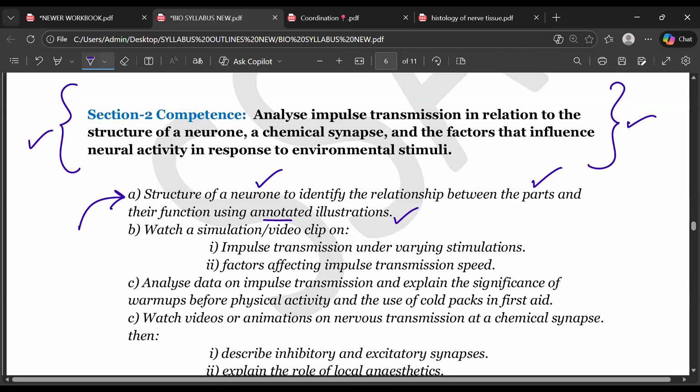Then part B, they are saying to watch a simulation or video clip on impulse transmission under varying stimulations. I think that will be next time. That cannot be today because the structure of a neuron is something big. Remember, we are supposed to introduce the topic and then we end in the structure of the neuron. Because you really need to know what the topic is basically about.